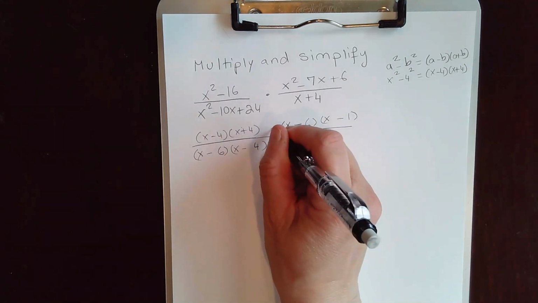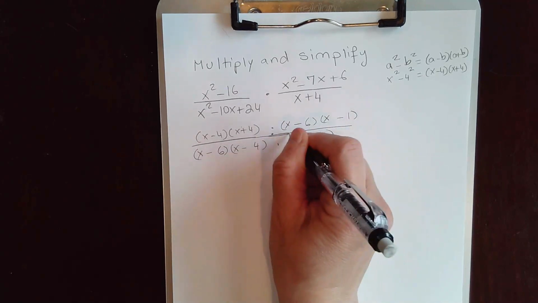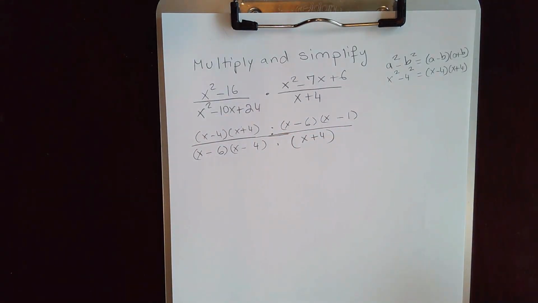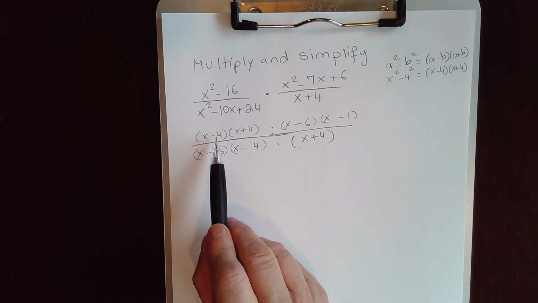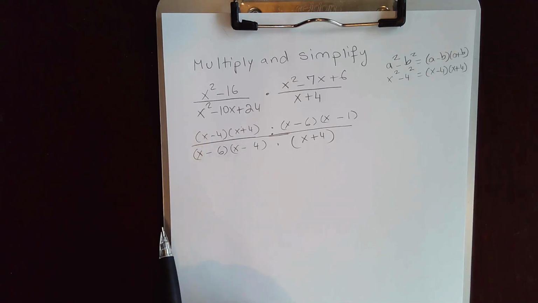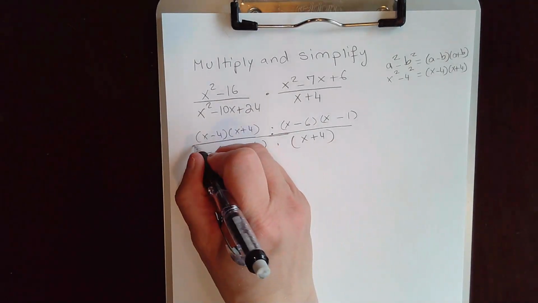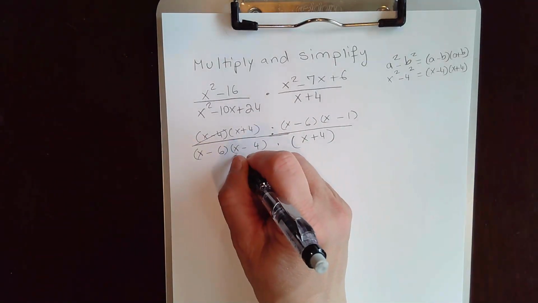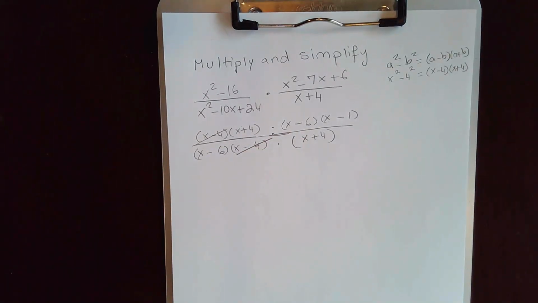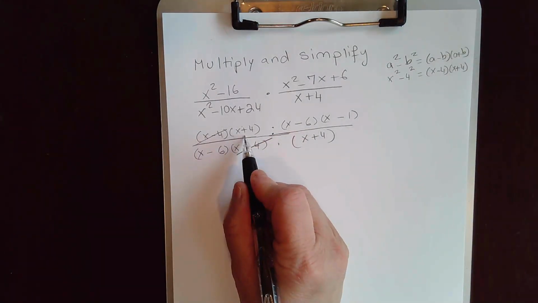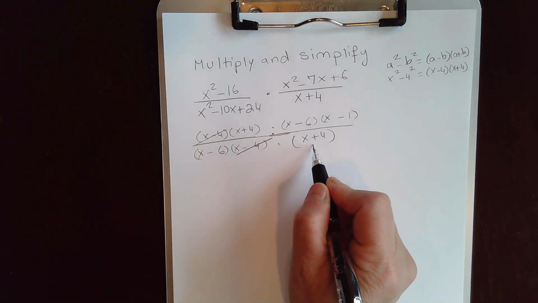So x minus 4, do I have any x minus 4 in the denominator? Since this is in the numerator, it has to be in the denominator that you can cancel. So yes, x minus 4, and I have x minus 4 in the denominator. X plus 4 in the numerator, and I have x plus 4 in the denominator.